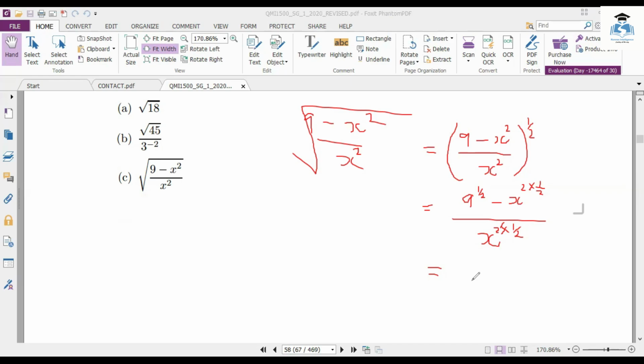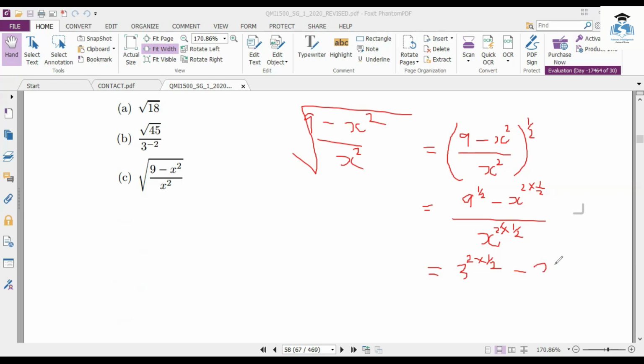So the half of 9 is 3. It's going to be 3 to the power 2 multiplied by half, minus, then 2 times half, it's 1.